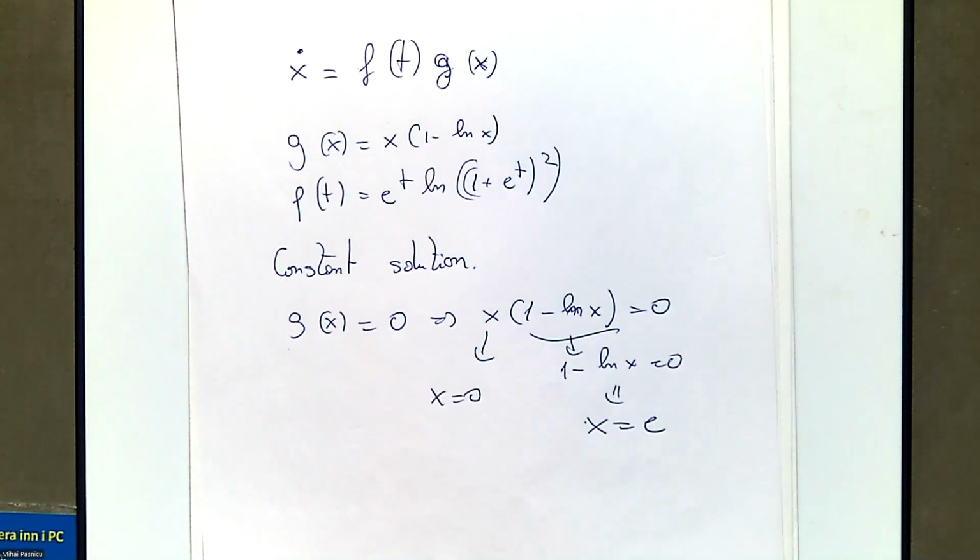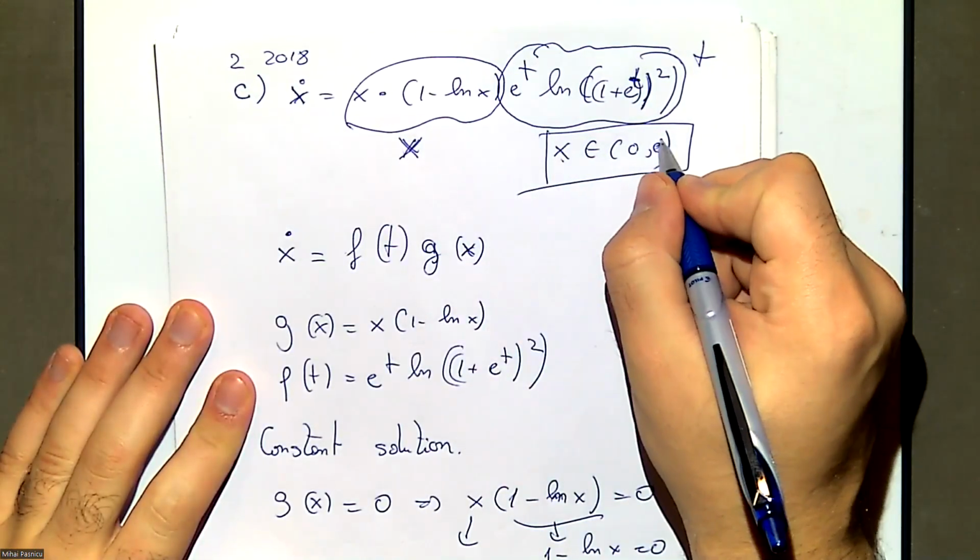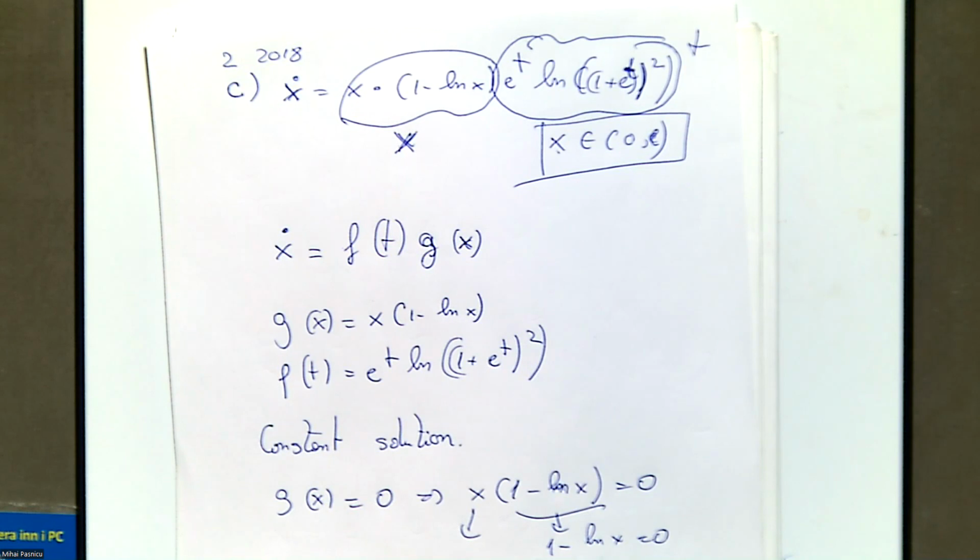Now, are these solutions? They normally would be, yes. But the person that made the problem wanted to trick us because they said right here, x is in (0, e), open. So x cannot be 0 or e. Okay?